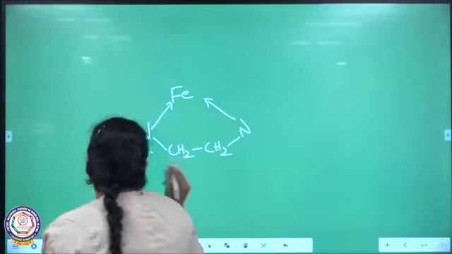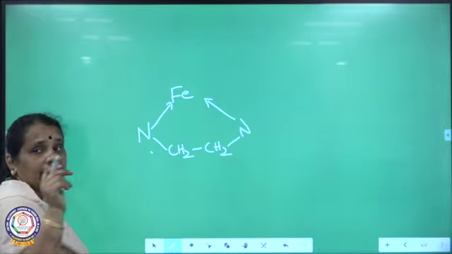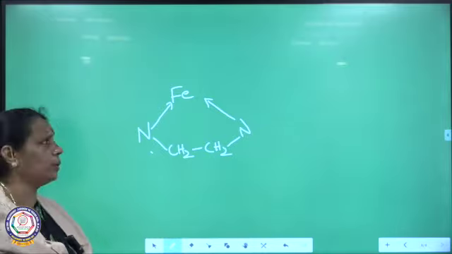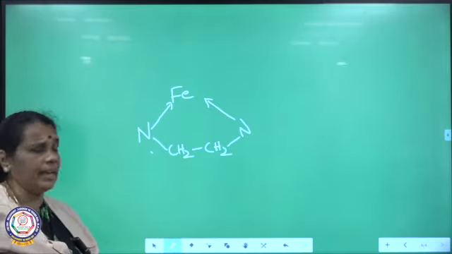Acetate ions I have to introduce. So there are 4 acetate. We are going to see how they are going to donate the electron pair.